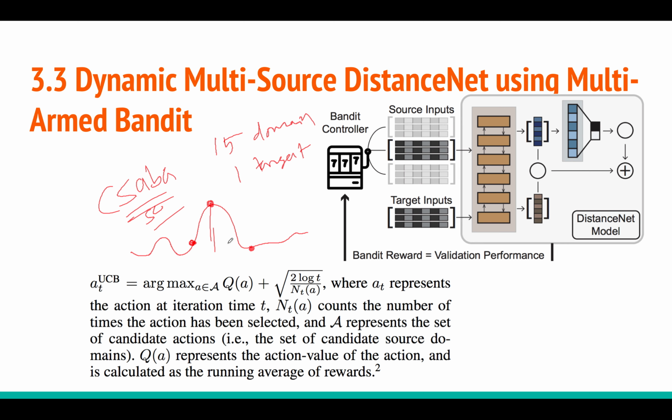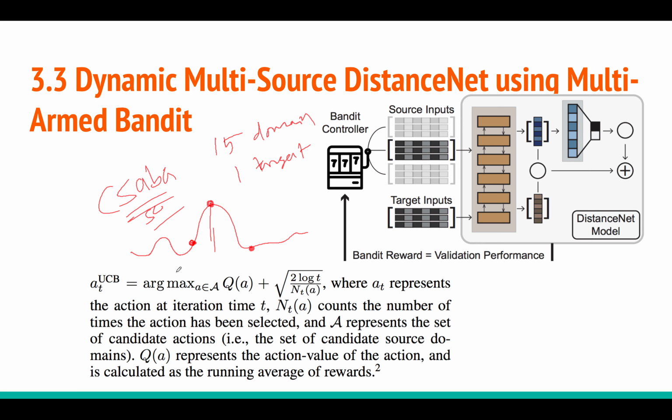So how this looks is like, I don't want to go into much detail, you can just go and read about multi-arm bandits. This is like, for example, you go to a casino and there are so many machines you can play with. You put in $1 and get $100, and you can keep playing. If you go to a casino, you will experience this.